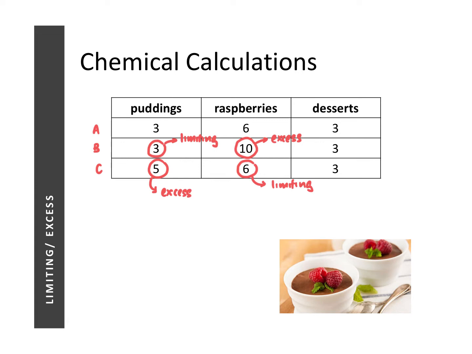In a reaction sense, we say that the reactants have been added in what we call stoichiometric ratio, meaning they have been added in just the right amounts according to the reacting ratios, such that there is no leftover of any of the reactants.